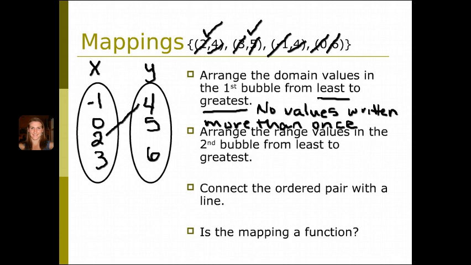Again, draw my line. -1, 4, and then 0, 6. So this is kind of just like we did back in elementary school when you had to do matching. Same thing, we're matching the numbers up from the ordered pair. So we just connected the ordered pairs with a line.